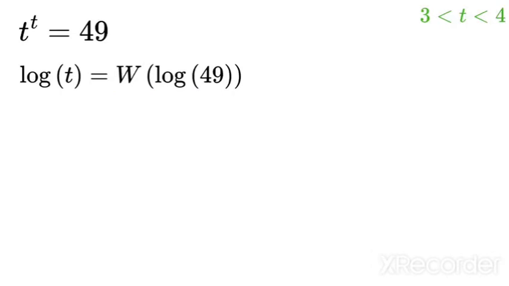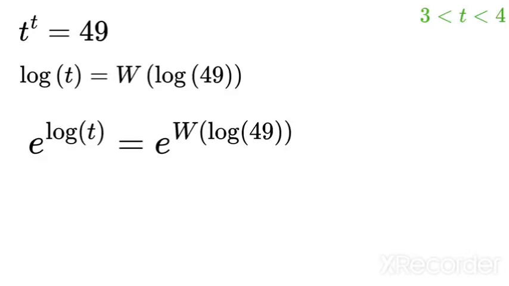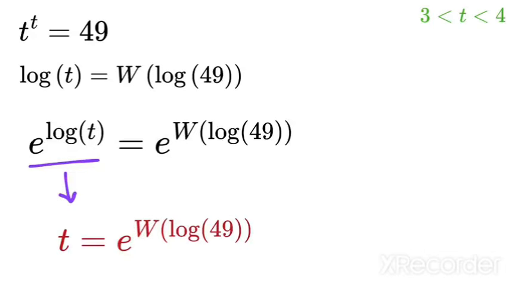Now, we do not need the log of t, but we need the value of t. So, to solve it further, we will create the base of e on both sides. This will give us e raised to the log of t equals e raised to W of log of 49. Now, e raised to the log of t is t, and this is our right-hand side.